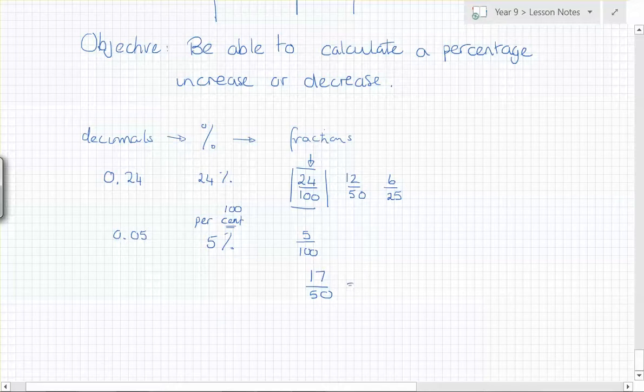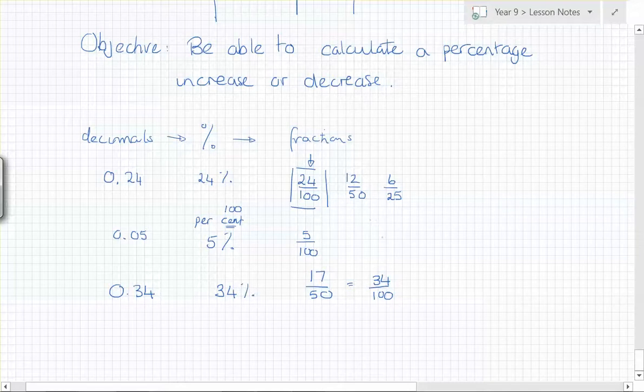What would you rather it was? Over 100. Yeah. 34 over 100. Good. So it would be 0.34. And Jana, as a percentage? 34%. Okay?